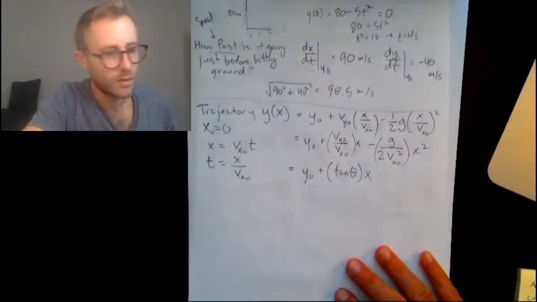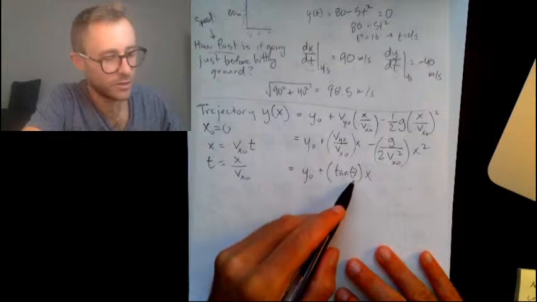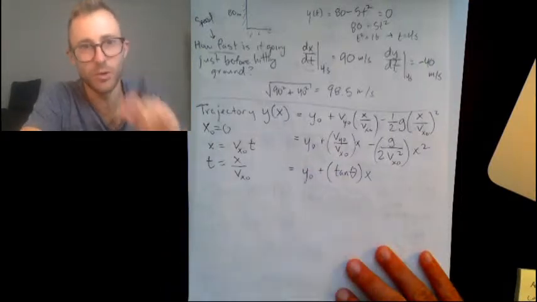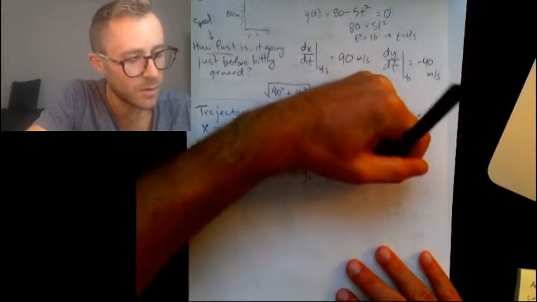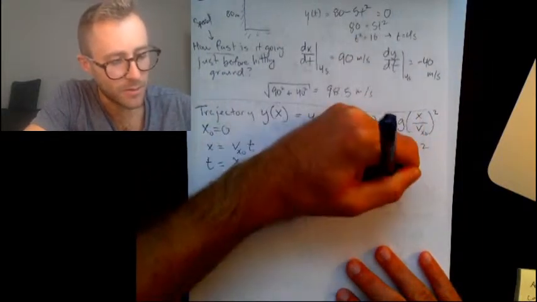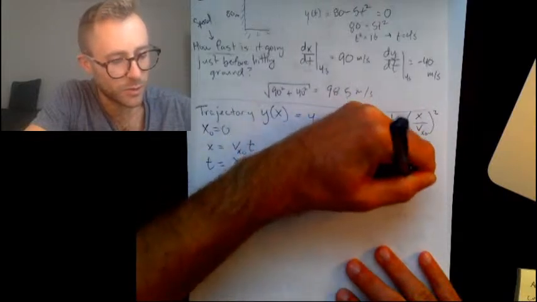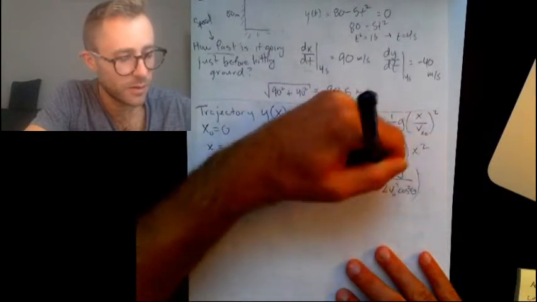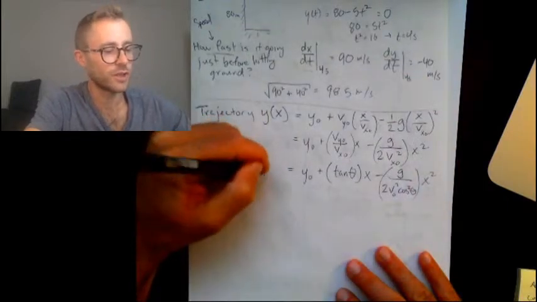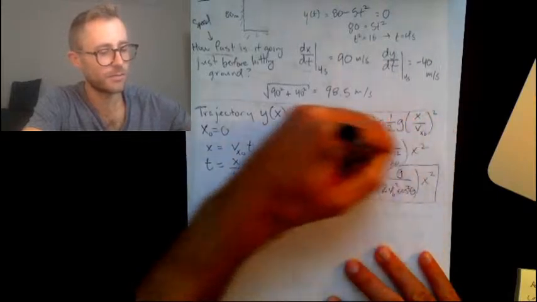Keep in mind this x is not an argument of tangent. You calculate tangent of theta, and then whatever number you get, you then multiply by x. Minus g over 2 v naught squared cosine squared of theta times x squared. So this is called the trajectory function, and it's quite useful.